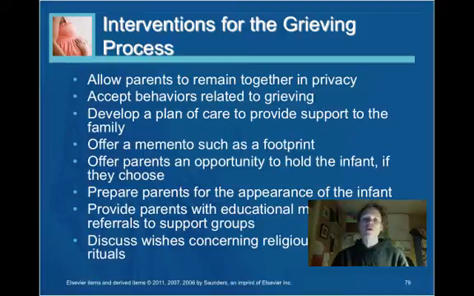Thinking about the grieving process, allow the parents to remain together. Remember that everyone grieves in their own way, and support them. If the infant were to pass away, or if there was fetal demise, offer the parents the opportunity to hold the infant if they want.